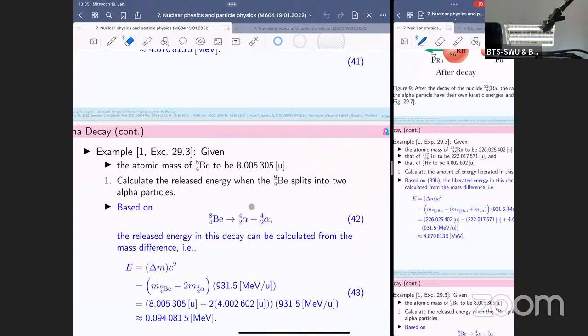So it means there is released energy, and this released energy will be converted to some other kind of energy, for example the kinetic energy. You're going to see that. That's the way you can get the meaning from this.